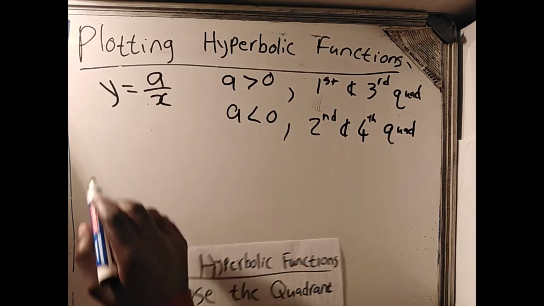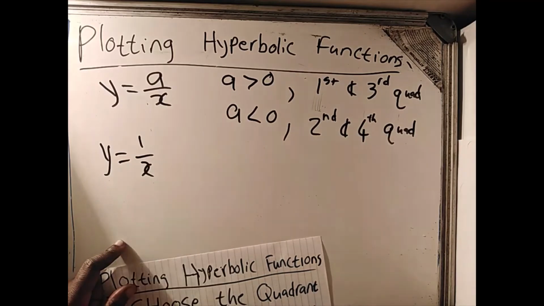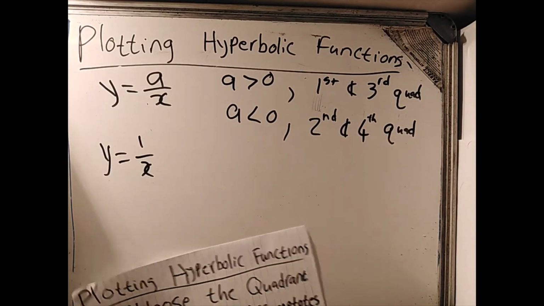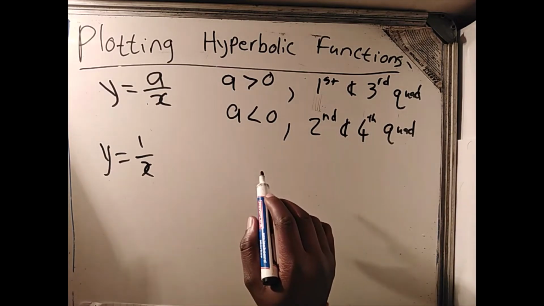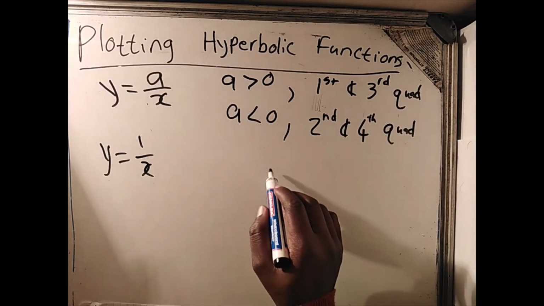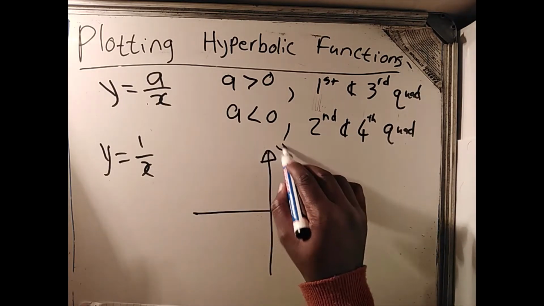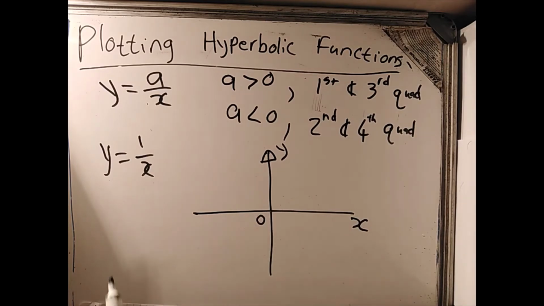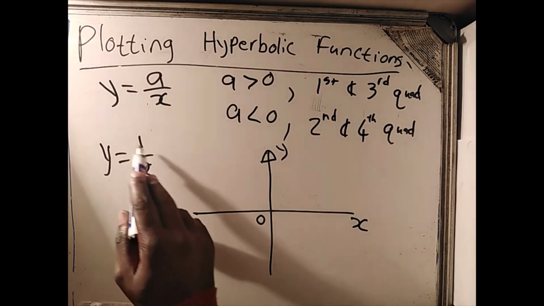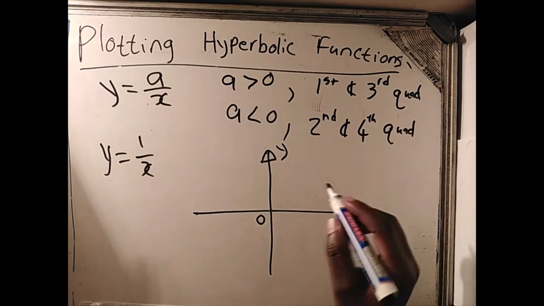Let's take an example. Let's say you've got y is equal to 1 over x. Now, ladies and gentlemen, here is your graph. This is y and this is x, and then there is 0 here. The value that is here is 1 and it is positive, so it's greater than 0. That means your graph will be on the first quadrant.